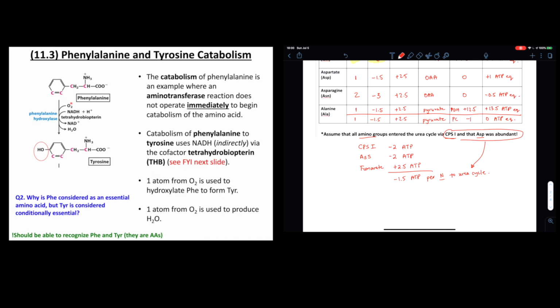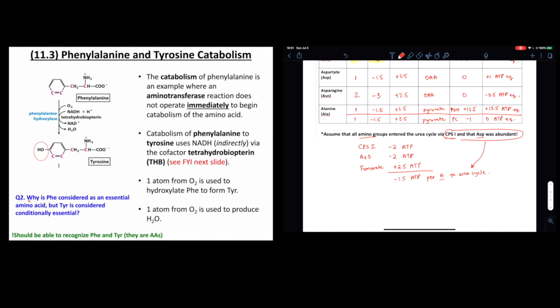So we're going to use a diatomic oxygen here, and we're only going to use one of these oxygens plus the hydrogen ion here, and put that onto the aromatic ring. And a water molecule is actually going to get produced in the product here. Okay. So remember, we are hydroxylating this over here.